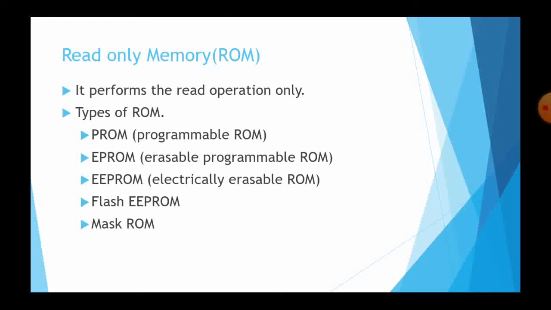Electrically erasable programmable ROM, we can selectively erase the data. Flash erases the data much faster than electrically erasable programmable ROM, but it cannot selectively erase; the content is fully erased. Mask ROM is controlled by the IC manufacturer and is not user programmable.